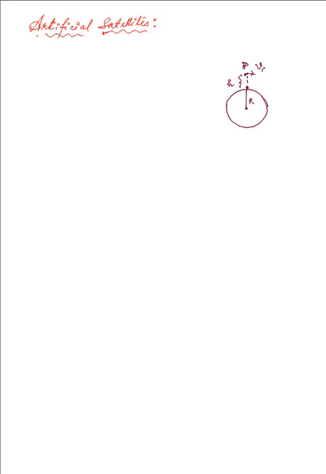Now this is set into an orbit, and the velocity corresponding to that is known as the insertion velocity, V subscript I, and from there on it is set to move along the orbit.